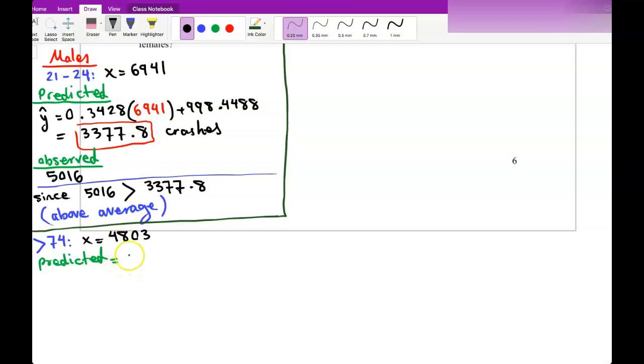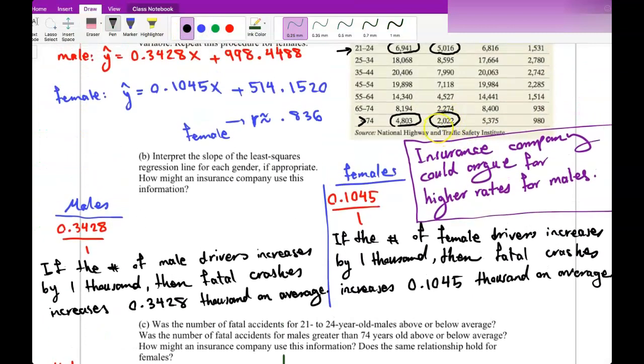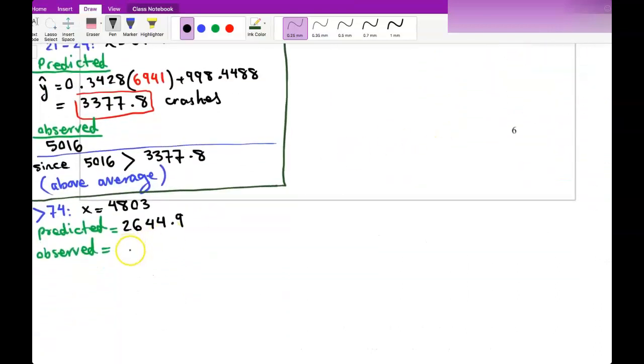So that is equal to 2,644.9, and observed from the table was equal to 2022.